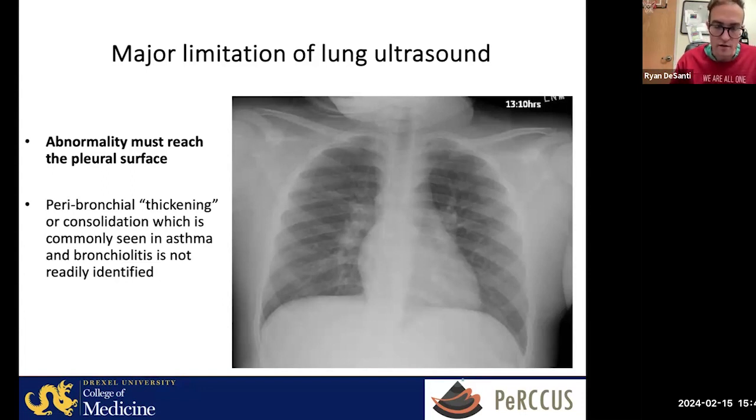These are not readily identified on lung ultrasound because they don't reach the pleura. And so many times patients with asthma or bronchiolitis may have relatively normal looking lung ultrasounds.